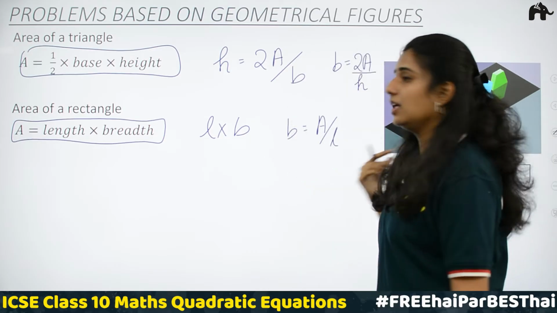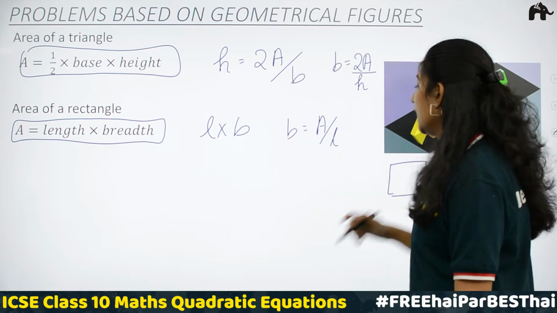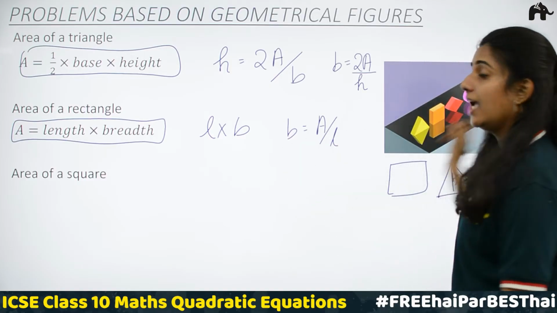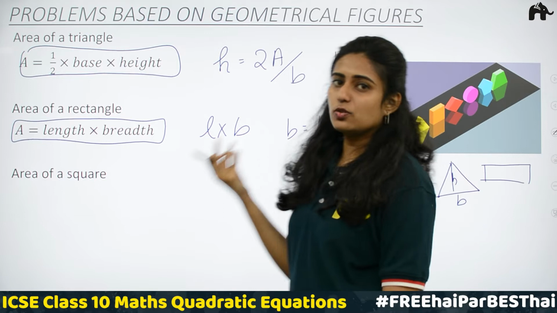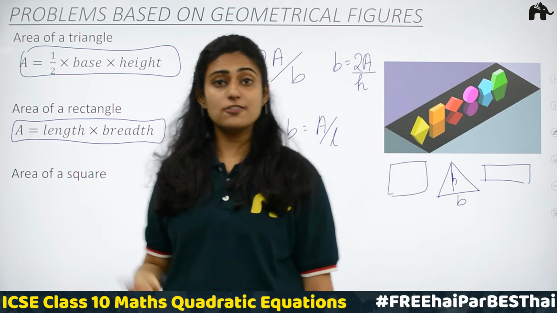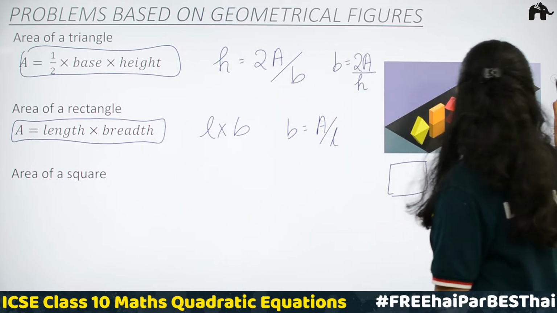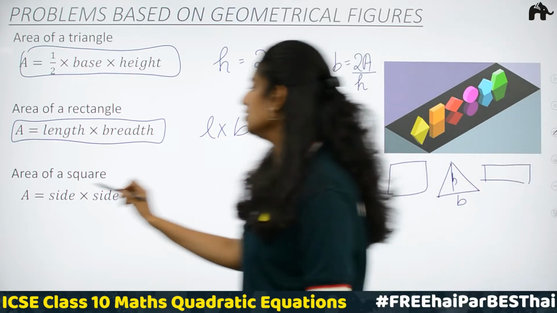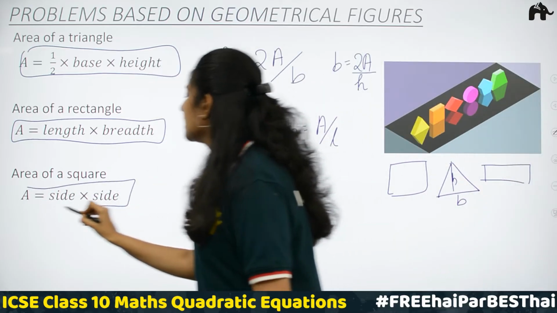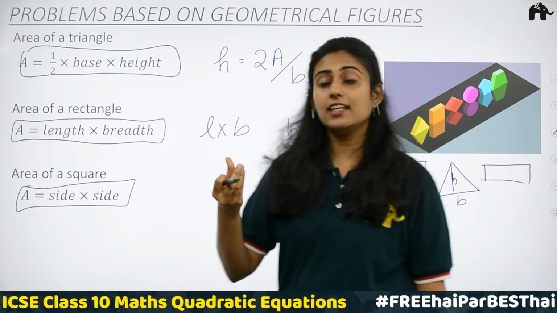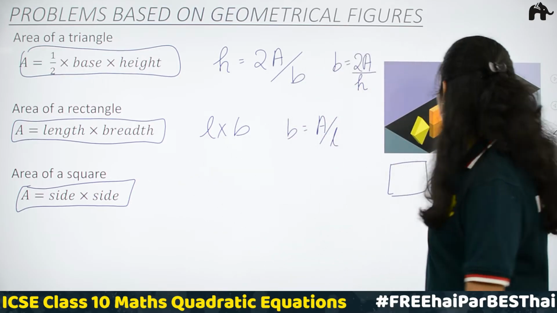Similarly, length will be equal to area divided by breadth. Next, area of a square. We are taking a square of side A or a square of side S. In that case, area of a square will be equal to side into side. Multiply the sides or taking the square of the side. Side square.